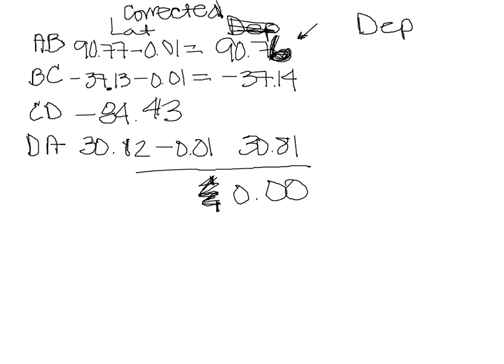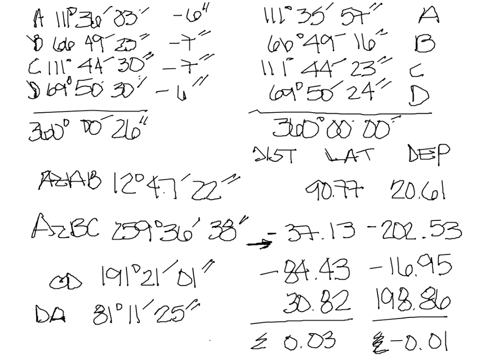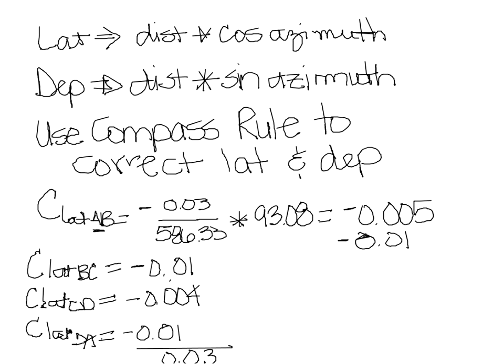And you would do the same thing with the departures. So you would start with 20.61, and then you would have to calculate the corrections for your departures.